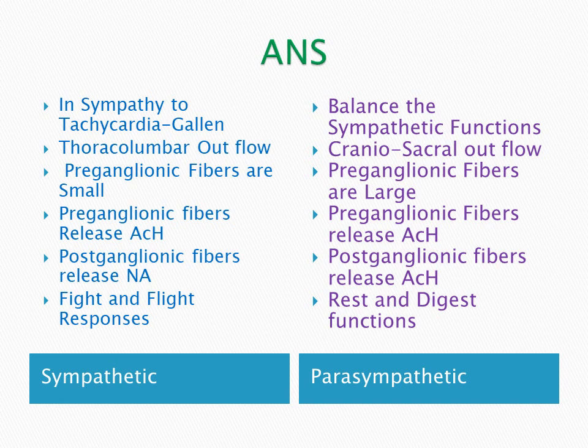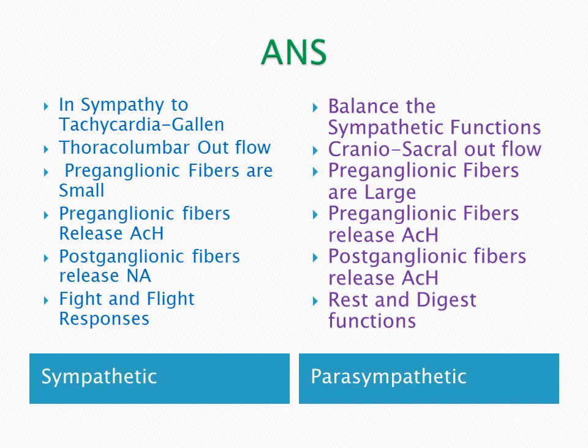But in some places, instead of adrenaline, acetylcholine is released. Those specific locations are the sweat glands, the blood vessels present in the heart, and the blood vessels present in the liver and skeletal muscle, where the postganglionic fiber releases acetylcholine.